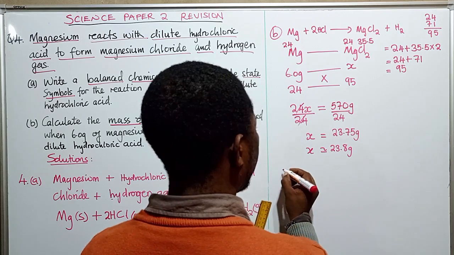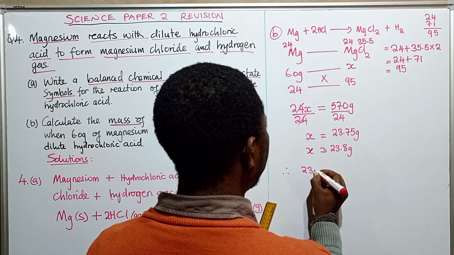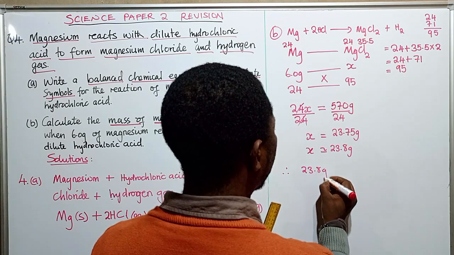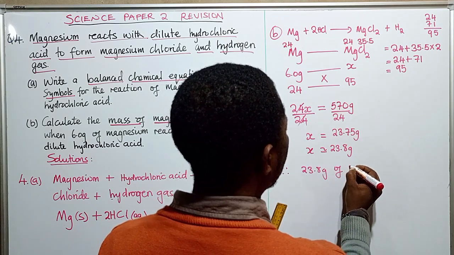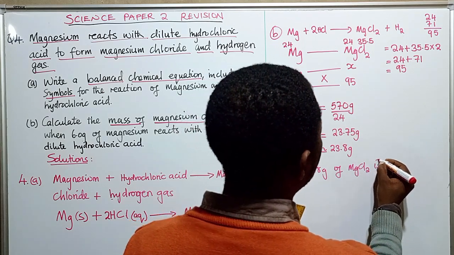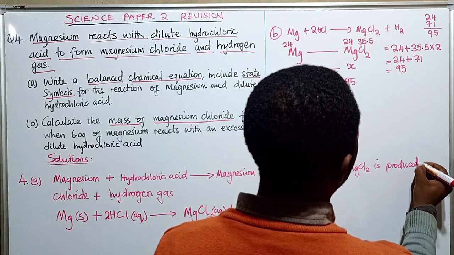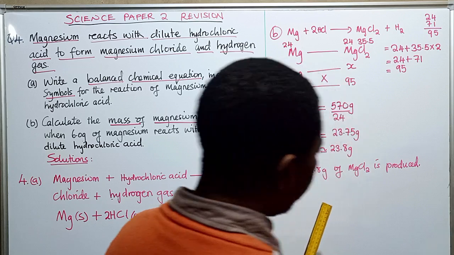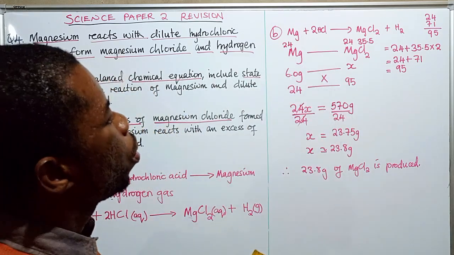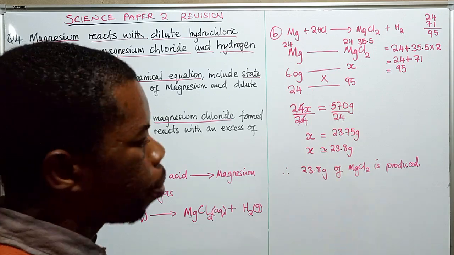So you say, therefore, 23.8 grams of magnesium chloride is produced. Okay, so that's how we solve these questions. They are very, very simple.